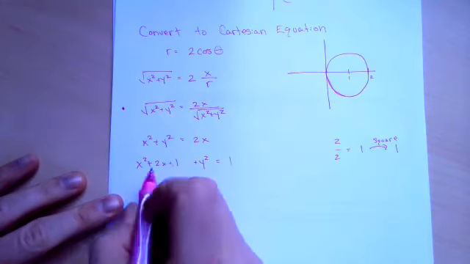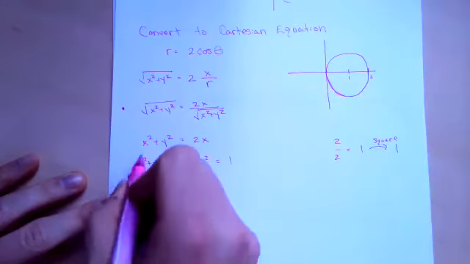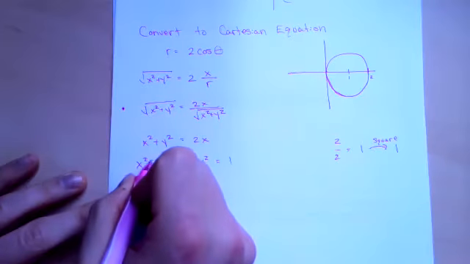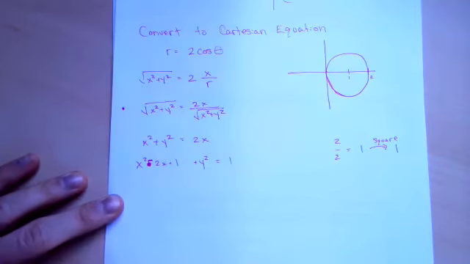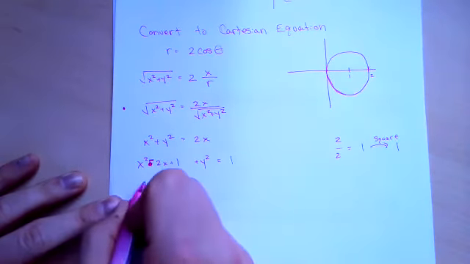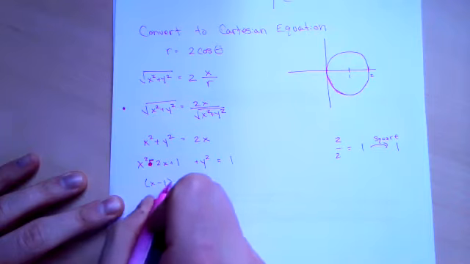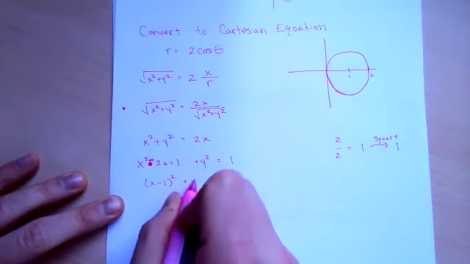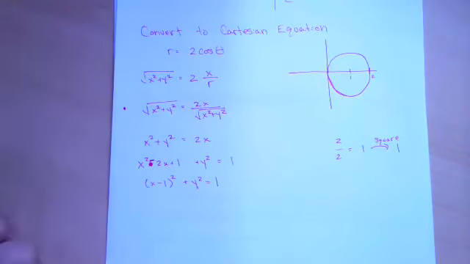And then now this guy looks like, I messed up this minus sign. This should be a -2 when I subtract that 2x over. This guy will be quantity x minus 1 squared plus y squared equals 1. And that is a nice Cartesian equation.